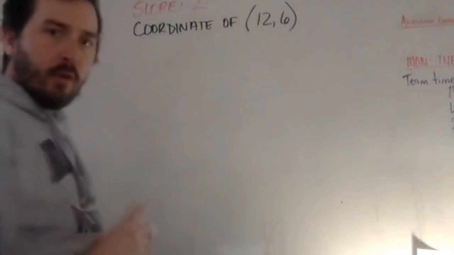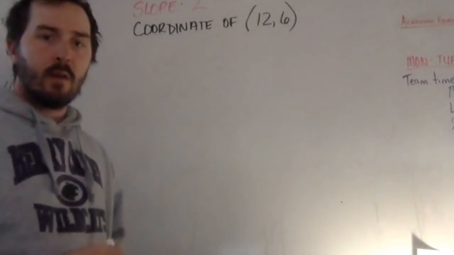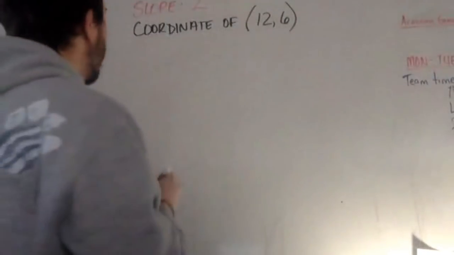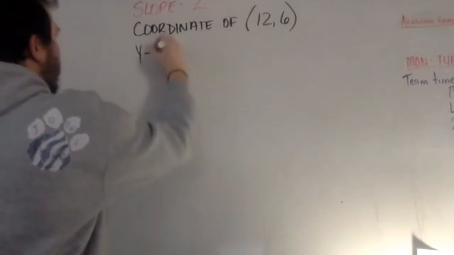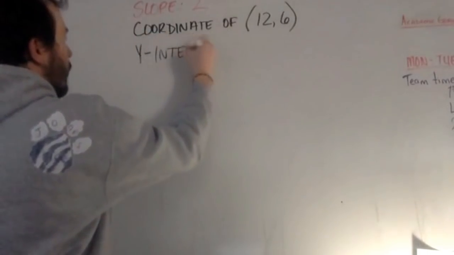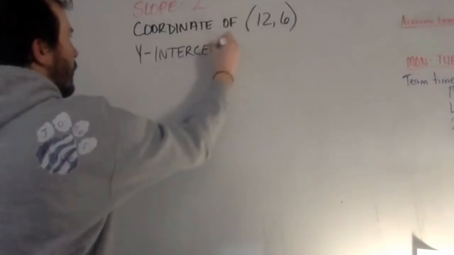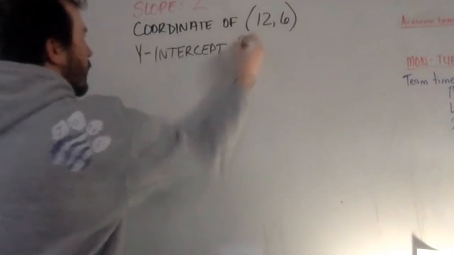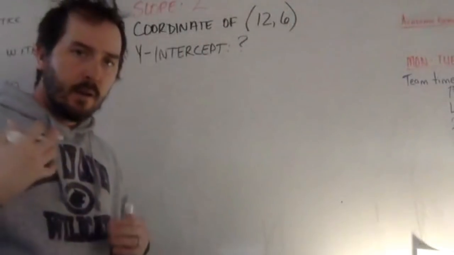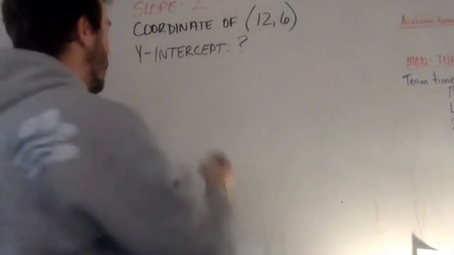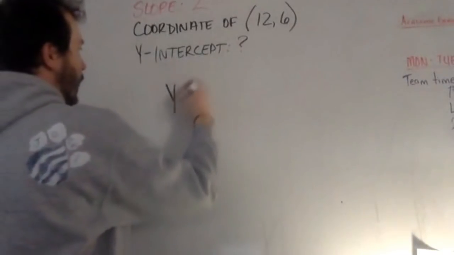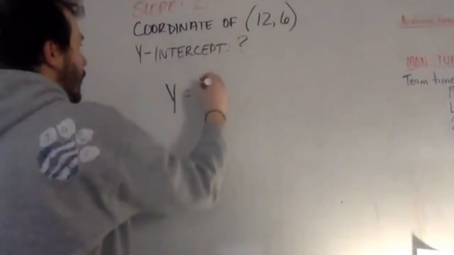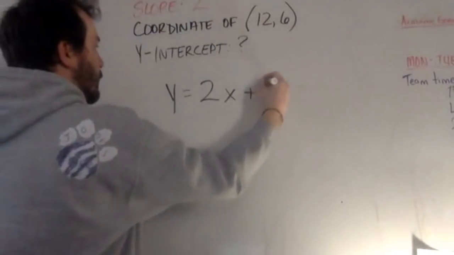Well, we can use slope-intercept form to figure out our entire equation, because right now we need to find the y-intercept, or our starting point. That is what we are trying to find, b. Right now we have y equals 2x plus b.